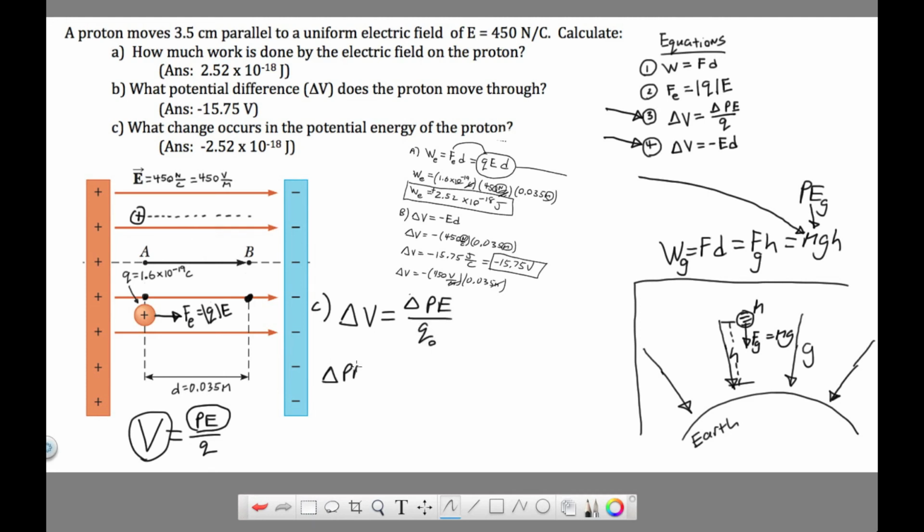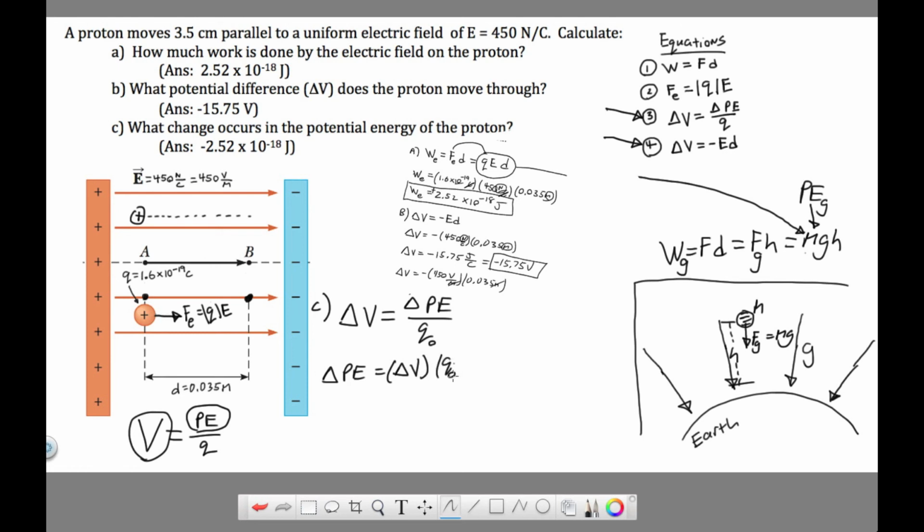So the change of potential energy, which by the way is equal to the work. You know, we saw that with the gravitational field. You know, mgh in a gravitational field becomes QED. So we actually know the answer to this already. It's the answer to part A, but just here's another way to look at it.